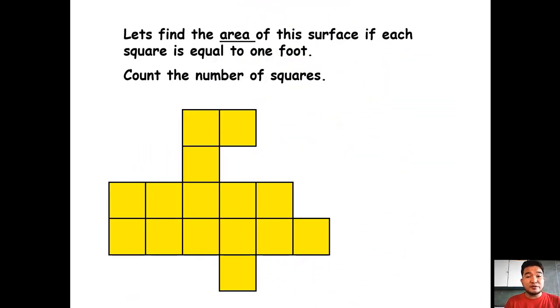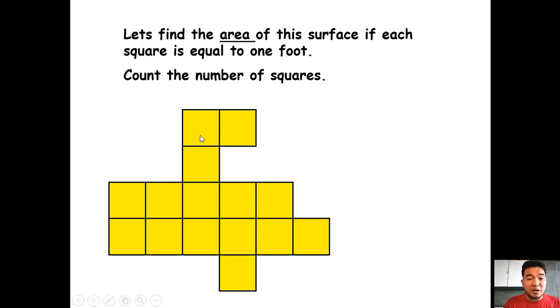Let's find the area of this surface. If each square is equal to 1 foot, count the number of squares. So suppose that each square, so the side of the square is equal to 1 foot. So let us solve for the area of this figure.